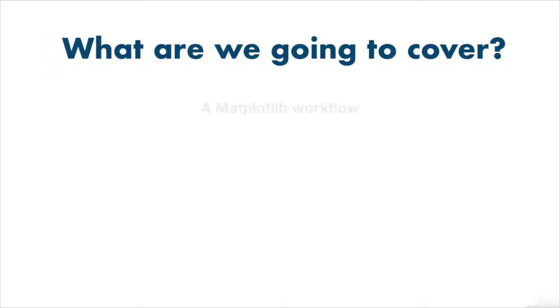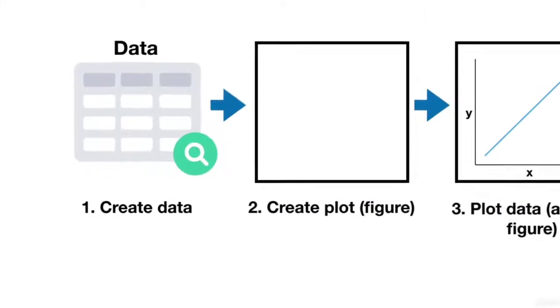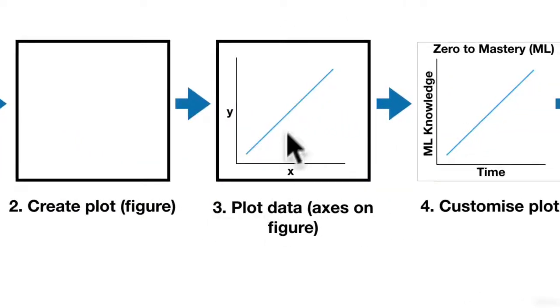What are we going to cover? Well, there's a little bit of a workflow that happens within Matplotlib. You start with the data. You create a plot, also known as a figure, which is kind of just like an empty square, really. And then number 3 is you plot data, axes on figure. So they're the two main data classes of Matplotlib, axis and figure, but we'll look into these shortly.